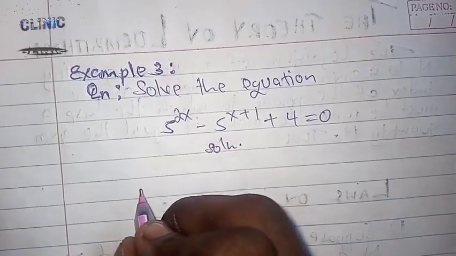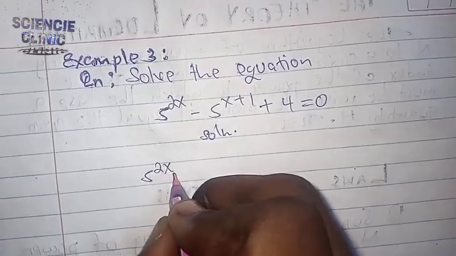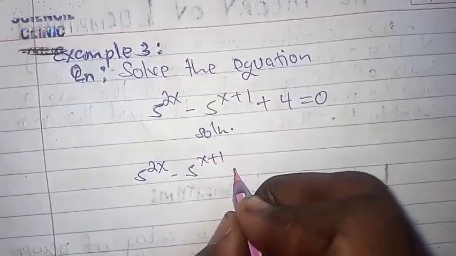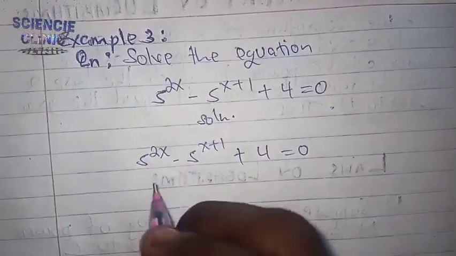Now we can say that this one is 5 to the power 2x minus 5 to the power x plus 1, plus 4 equals 0. This one is the same.